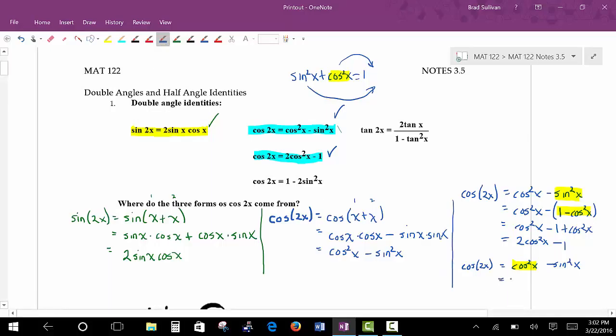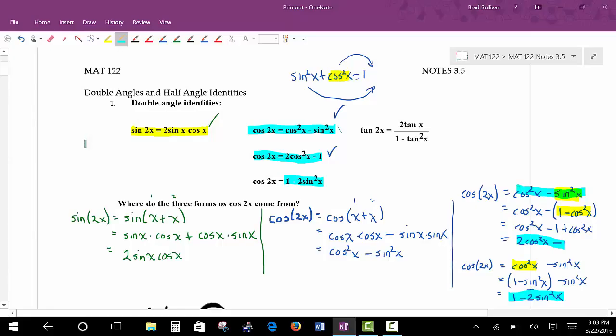So this gets replaced with 1 minus sine squared x. Bring down the minus sine squared x. These are like terms, so we have 1 minus 2 sine squared x. So we have these three different versions of the cosine of 2x. That's where they all come from.